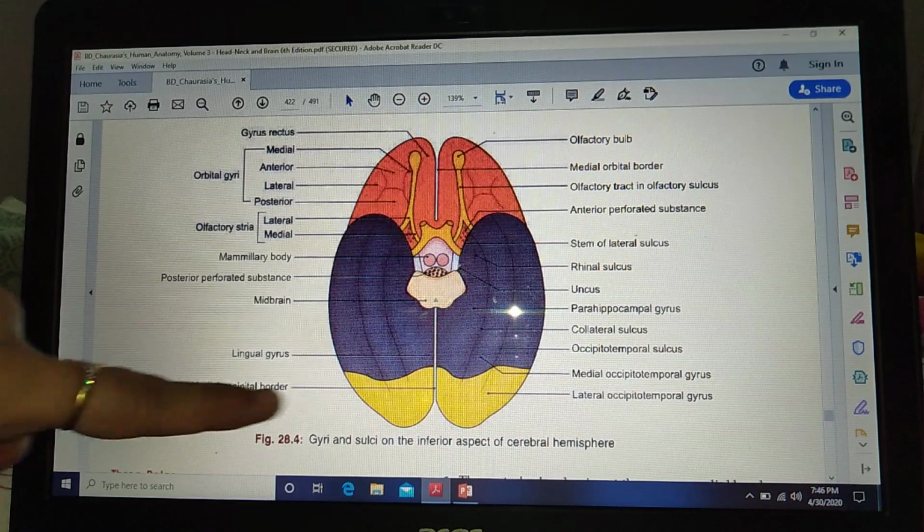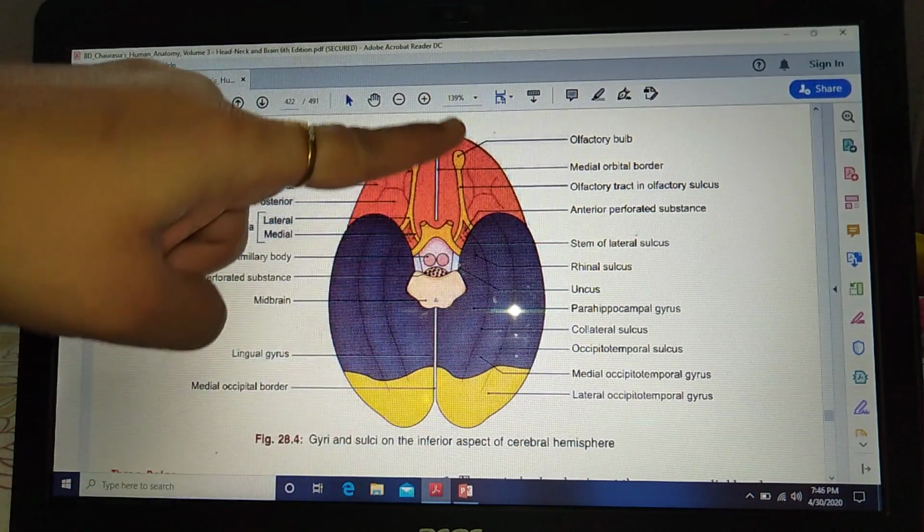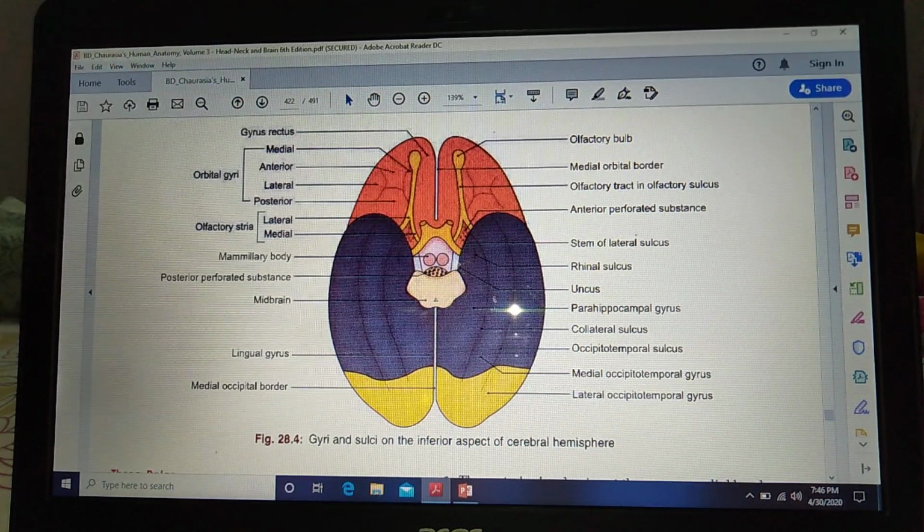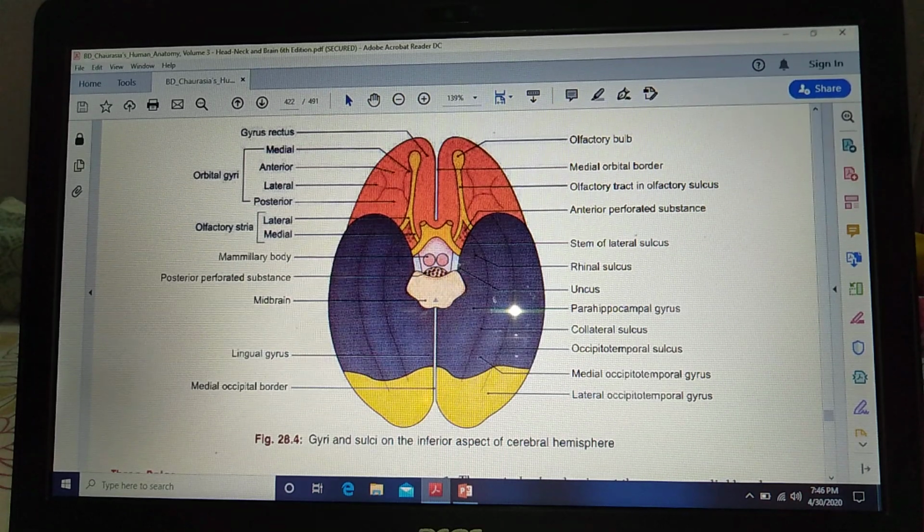Medial orbital border separates the medial surface from this orbital surface, and medial occipital border separates the medial surface from the tentorial surface. Okay, so these are the four borders of the cerebrum.